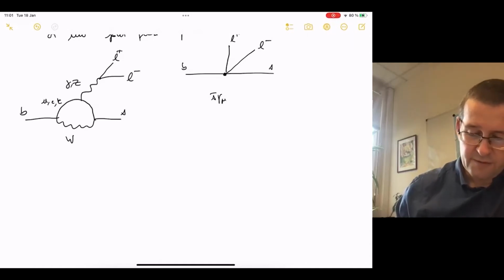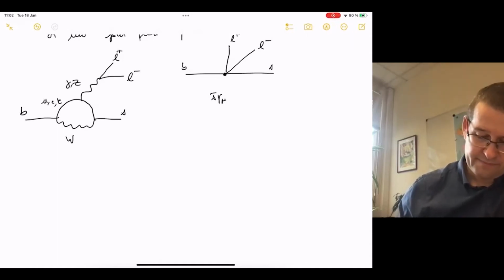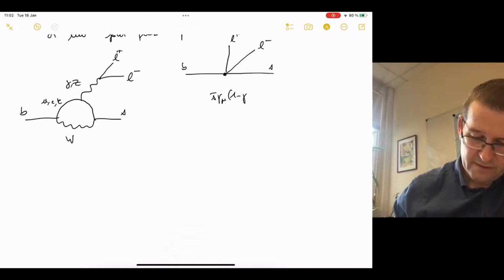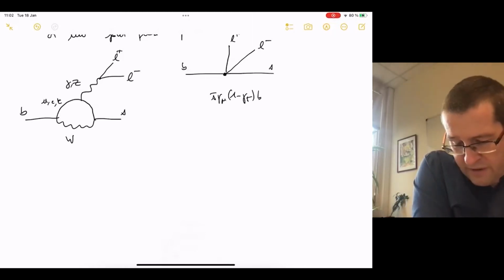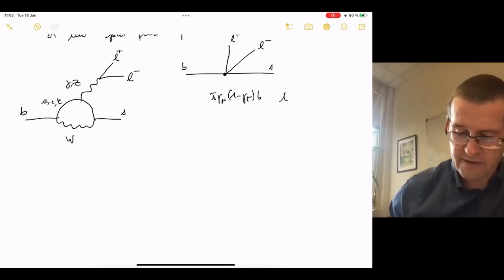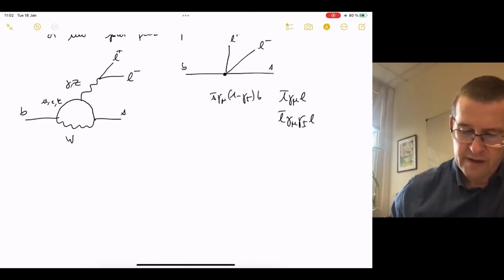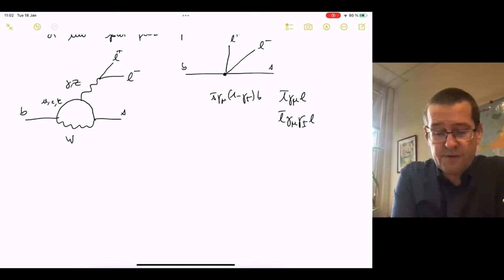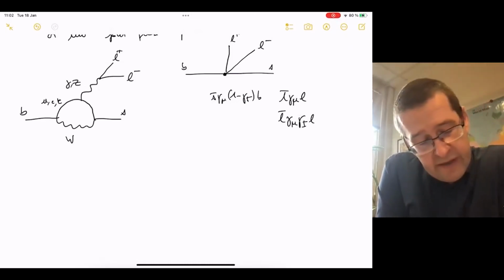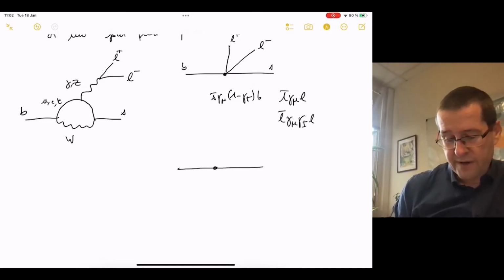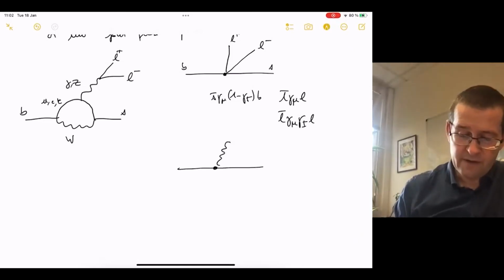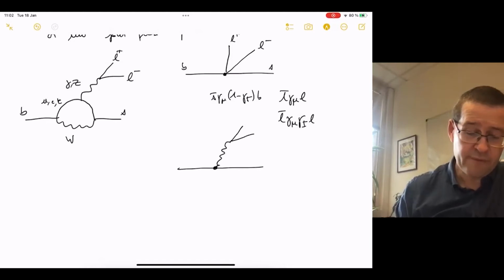Generally you would expect to have still a remainder of the fact that it was a W exchange, so that you got the left-handed part contributing for the quark part, but then you could imagine having either an axial or vector coupling to your leptons. But you can also imagine the situation where it's a photon, and then the photon will propagate.